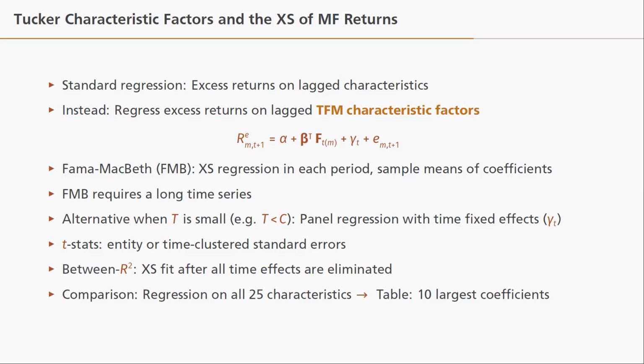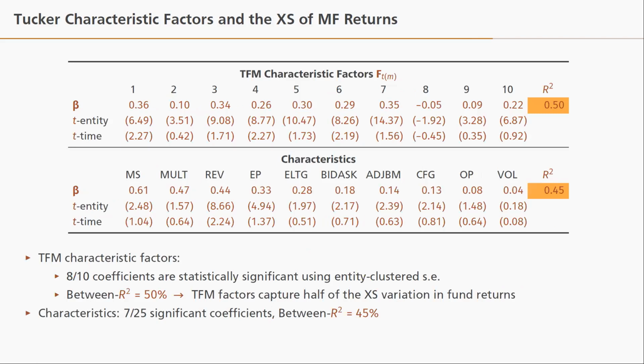So now compare this to the regression where I use all 25 original characteristics. So this is the regression for the 3-10-10 case for the characteristic factors. Note first the R square is 50%. So this captures 50% of the cross-sectional variation in the returns.